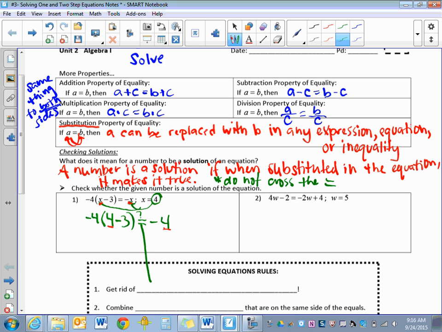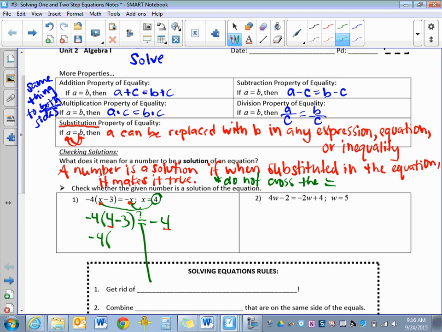Alright, so order of operations, PEMDAS. Again, we're simplifying this expression here, the left side of the equation. So first I need to simplify my parentheses. So what is 4 minus 3? Freddie, what's 4 minus 3?